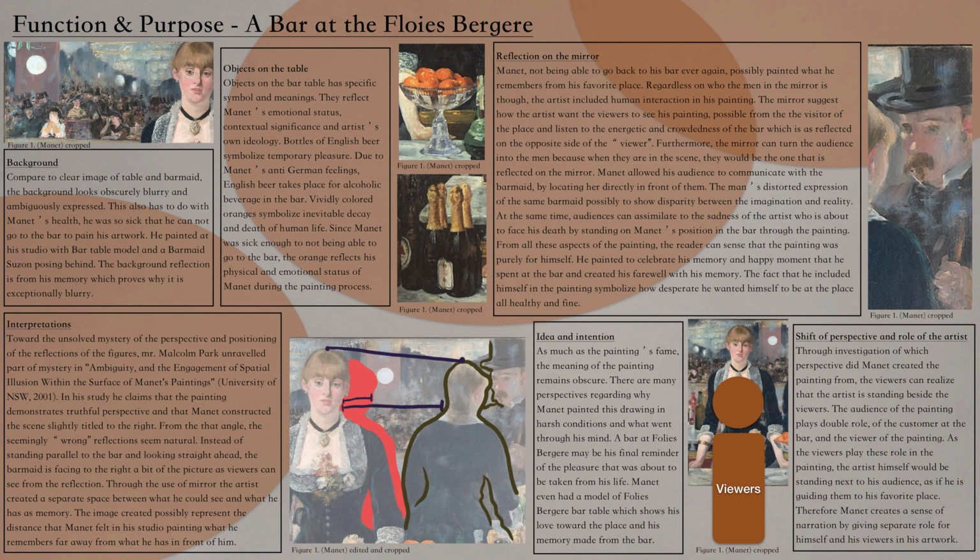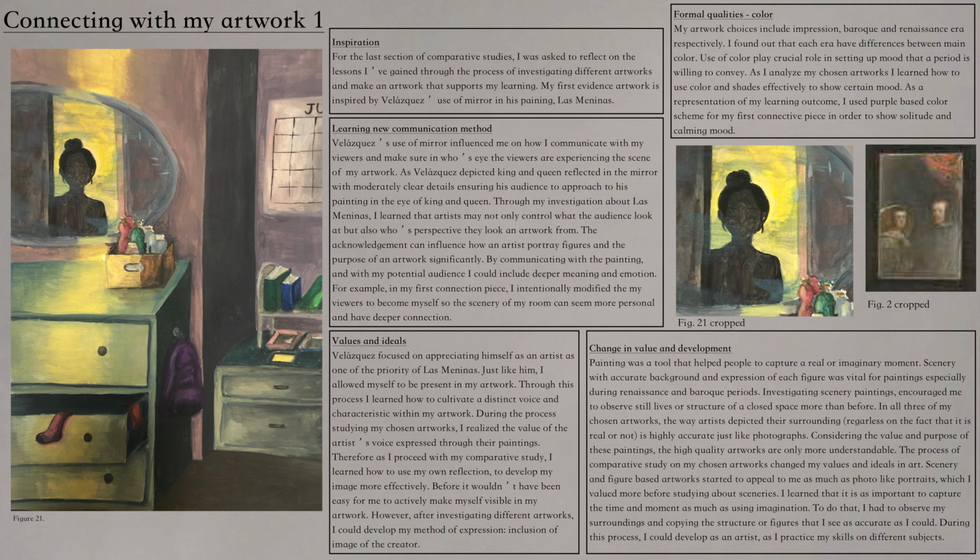I made 3 artworks in regard to the artworks that I analyzed. First one is a gouache painting on paper. It is an imaginary image of a room with a mirror that has a reflection of a person. For this painting in particular, I adapted Velázquez's use of mirror.